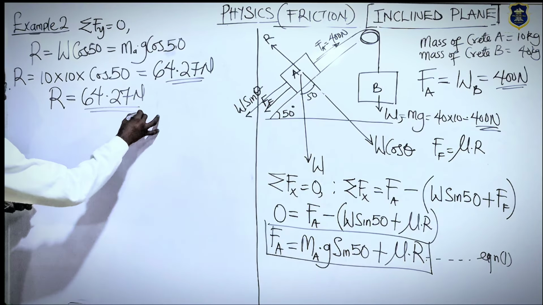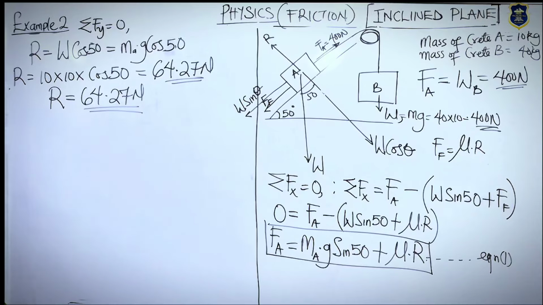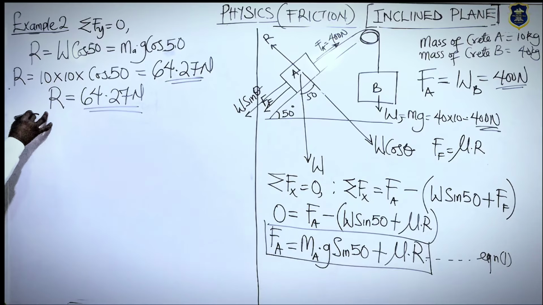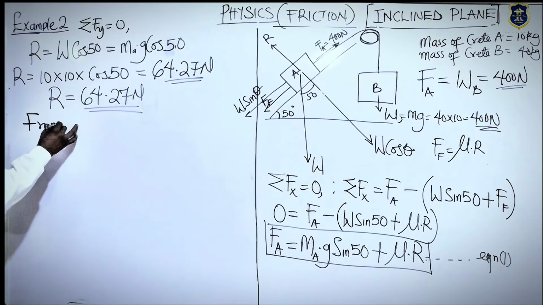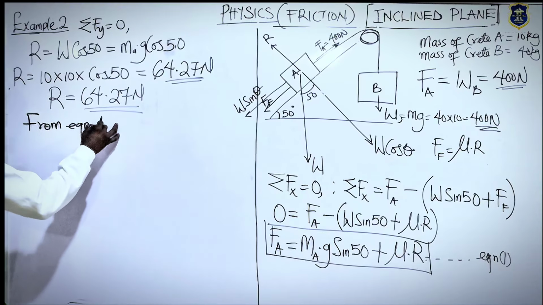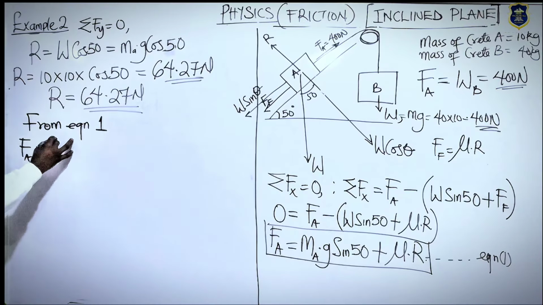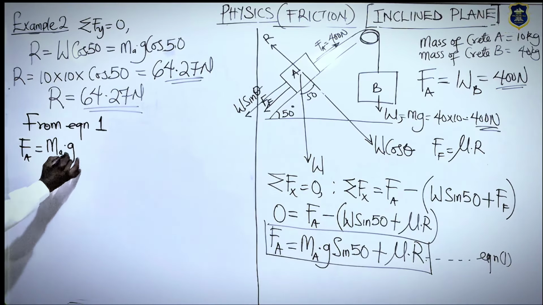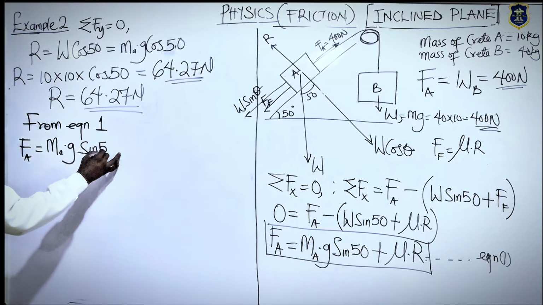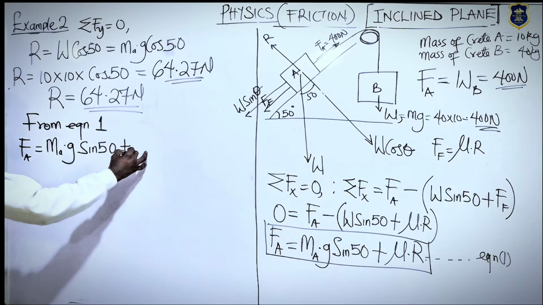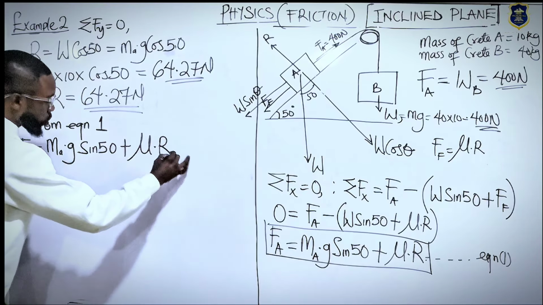So from equation 1, FA is equal to mass of A times g sine 50 plus mu R. So let's substitute.